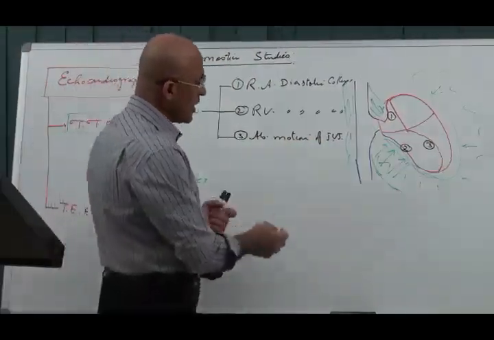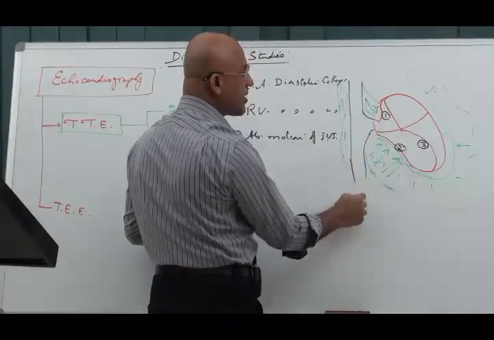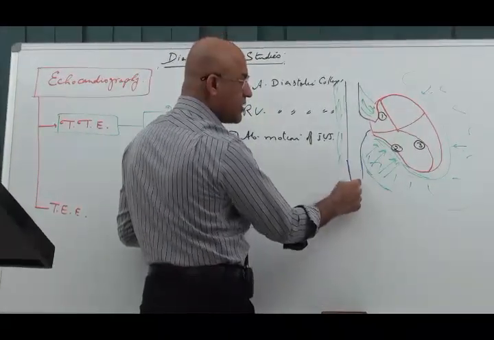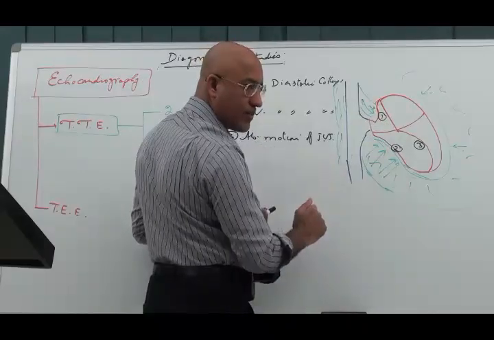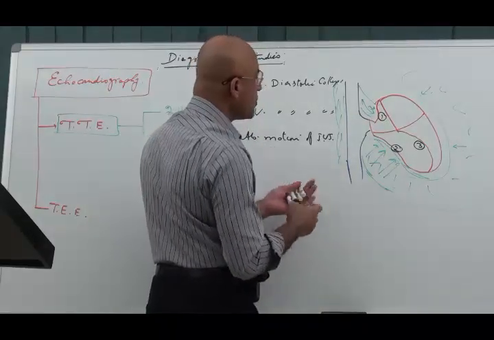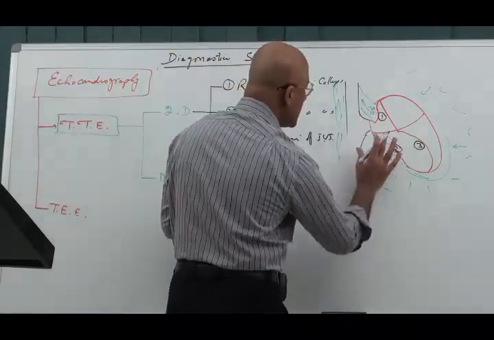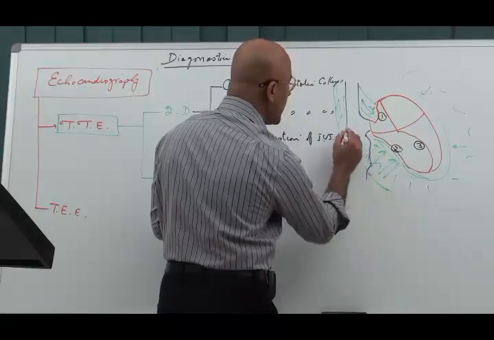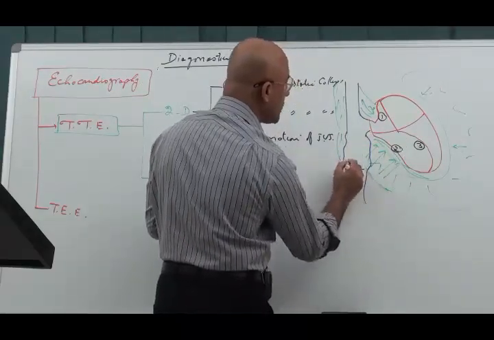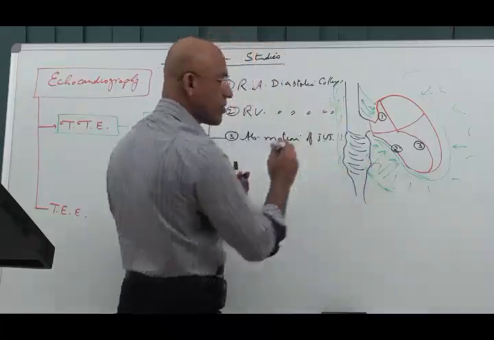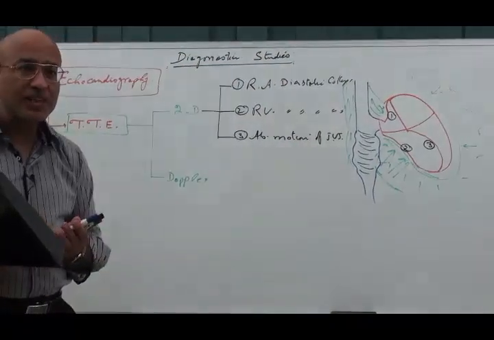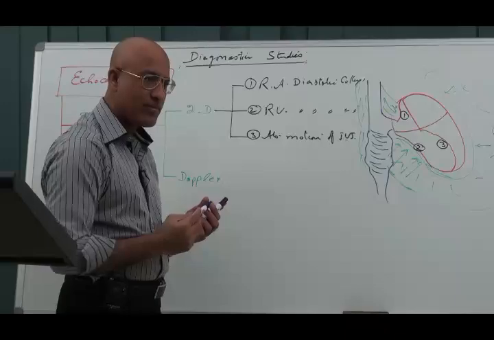And then do you think, because these areas are compressed, inferior vena cava can push the blood here? No. So what will happen to inferior vena cava? It will be distended and swollen with the blood. So there will be inferior vena cava plethora.